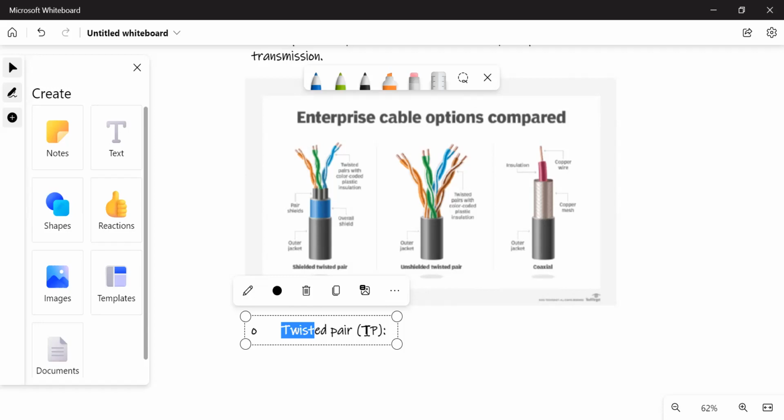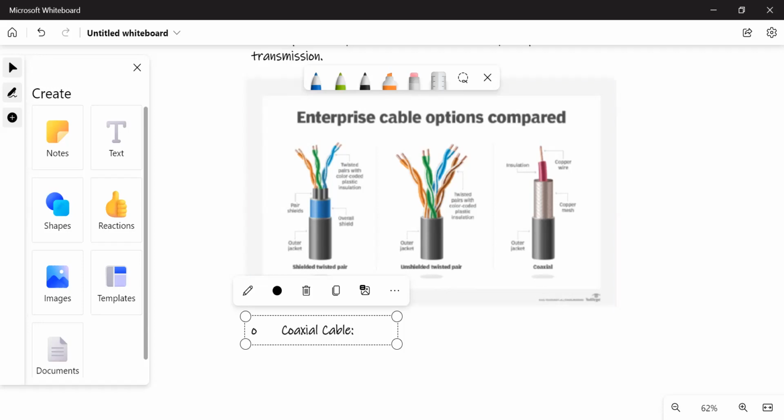Okay, the next one we are going to talk about is coaxial cable, which you can see here. For example, if you look at coaxial in TV cables, the term coaxial means there will be two cables, surrounding cables.